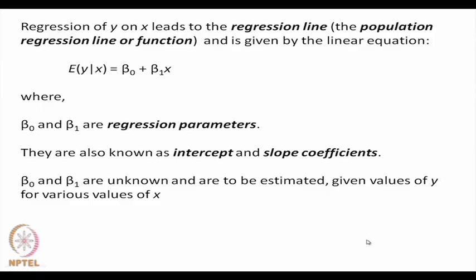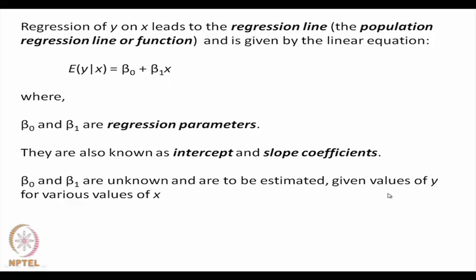Beta 0 is the intercept and beta 1 the slope coefficient. Usually beta 0 and beta 1 are unknown and are to be estimated given the different values of y and x for different subjects at a particular point of time.